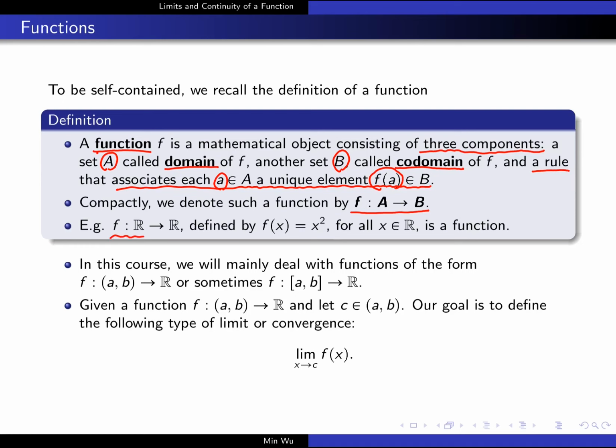Consider the following function f from R to R. R is the set of real numbers. And we assign the rule f of x is equal to x squared.